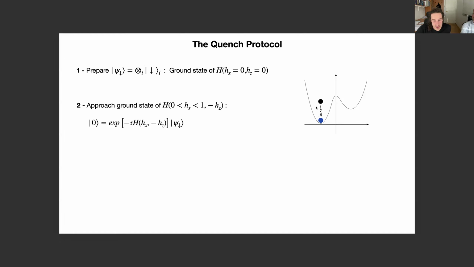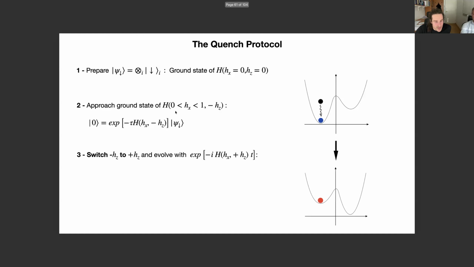So to obtain this, we use imaginary time evolution to relax as much as possible close to the real ground state for this hx, which is not zero anymore. So the state is not the fully polarized state anymore, okay? And only after that, we change the value of the longitudinal field.